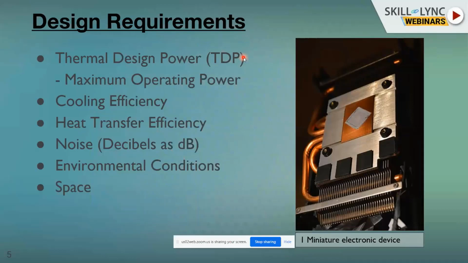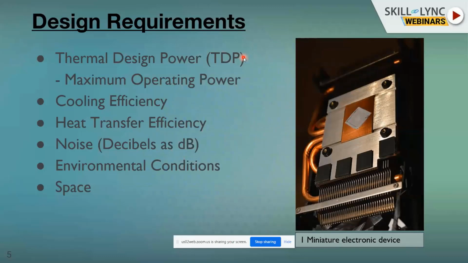So if a company gives a project to design electronic devices, the first question which I would ask is, what is the thermal design power? That means, what is the maximum operating power which that processor takes?